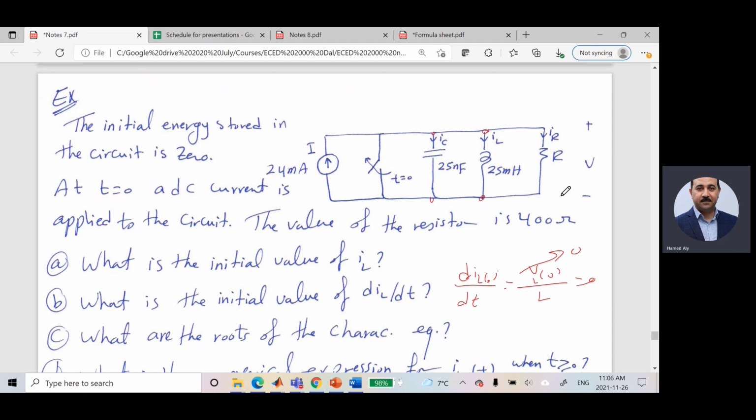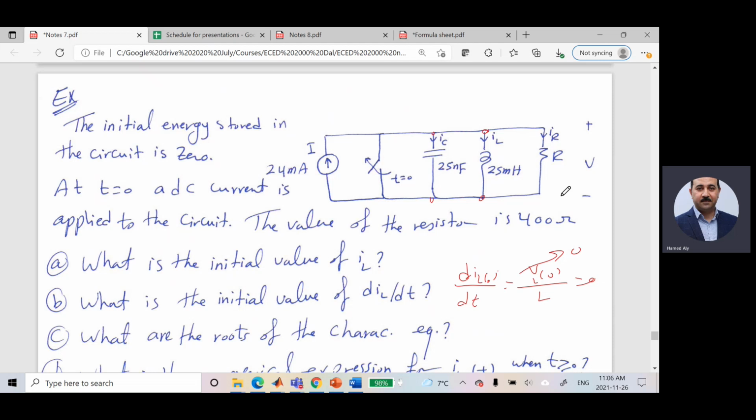Imagine I have a capacitor or an inductor connected along with a voltage source or a current source, and I would like you to study this problem to find the voltage or current for a specific branch. The problem is I will not have only parallel RLC or series RLC. I have a more complicated circuit.